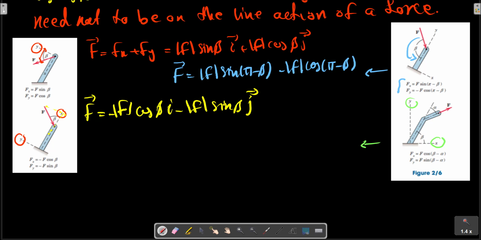With the angle between F and, beta minus alpha, we should obtain the F component here, y and x. We need this angle, which is beta minus alpha.